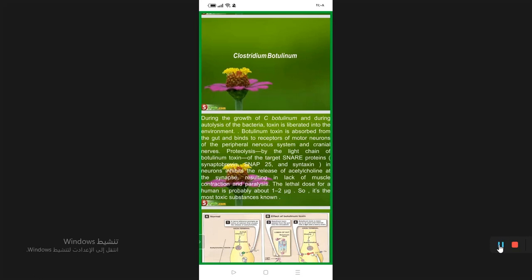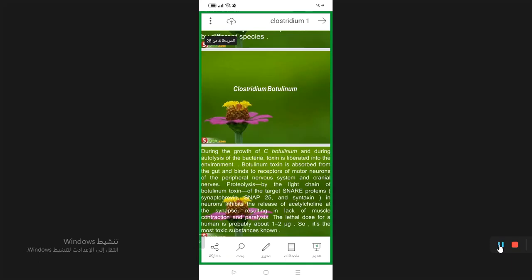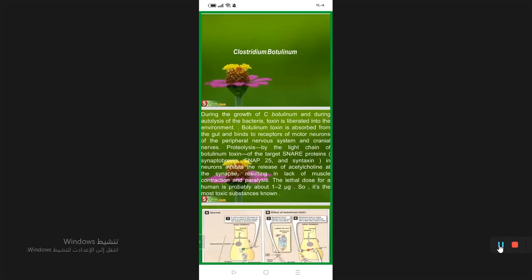The lethal dose for a human is probably about 1 to 2 micrograms. So it's the most toxic substance known. شباب بالنسبة لي mechanism of action of botulinum toxin.